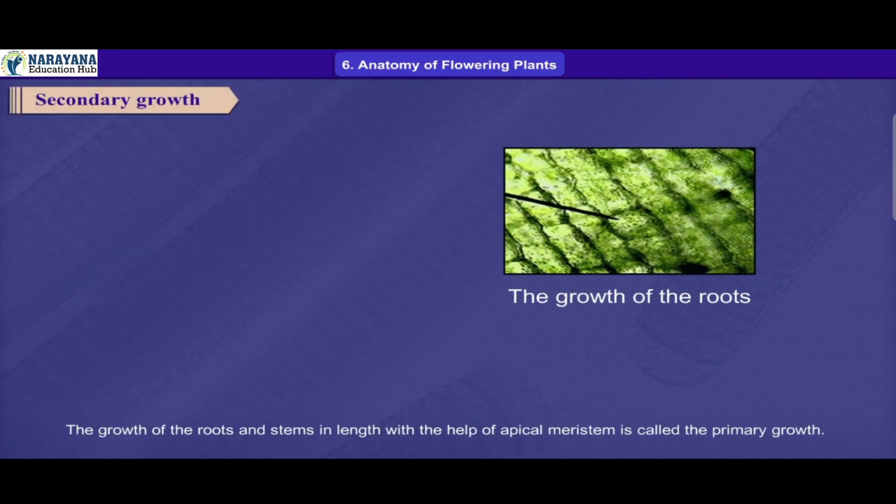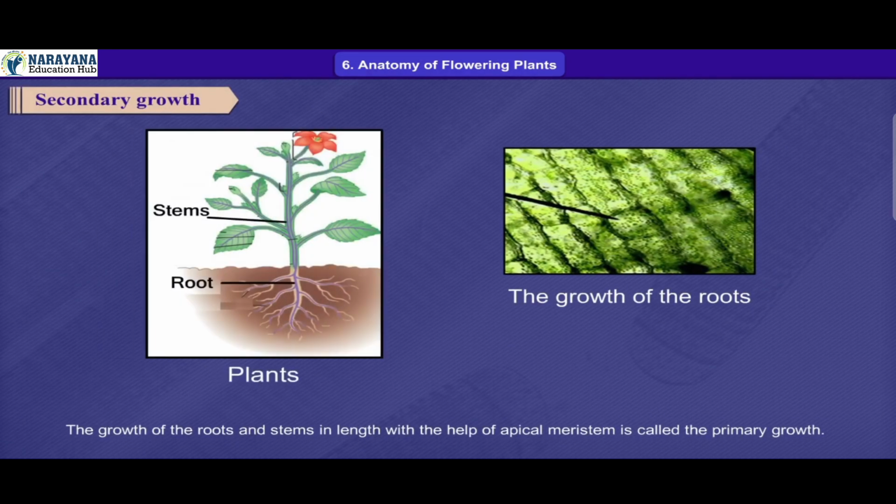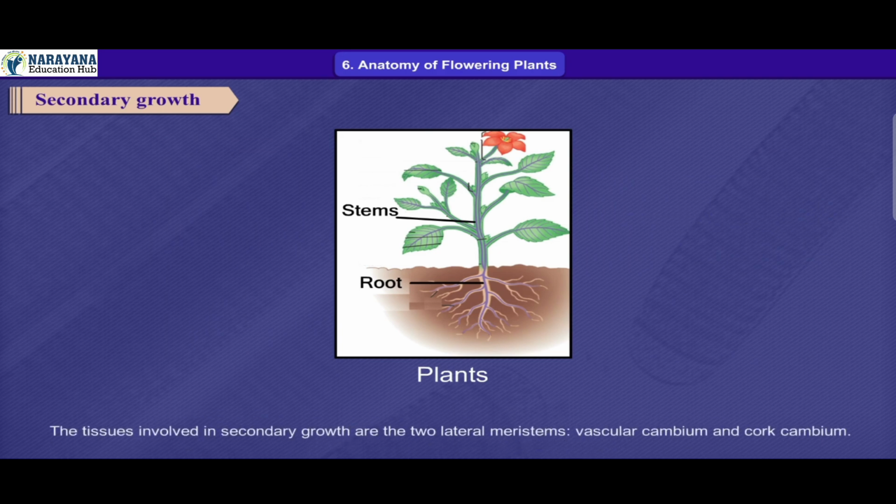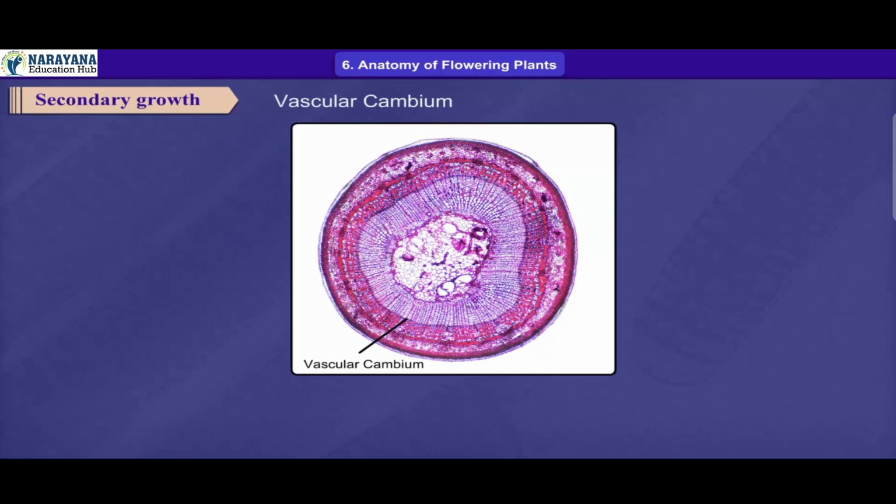Secondary growth. The growth of the roots and stems in length with the help of apical meristem is called the primary growth. Apart from primary growth, most dicotyledonous plants exhibit an increase in girth. This increase is called the secondary growth. The tissues involved in secondary growth are the two lateral meristems, vascular cambium and cork cambium.